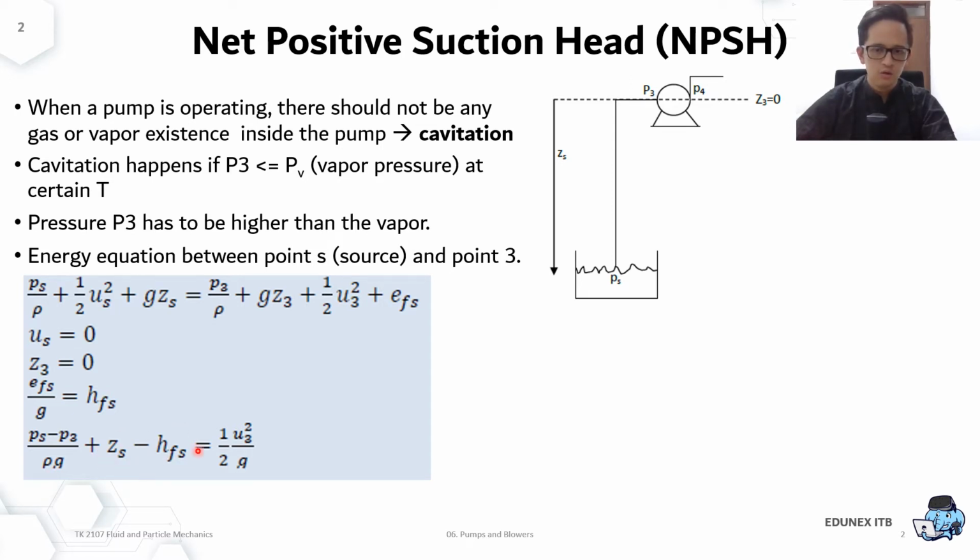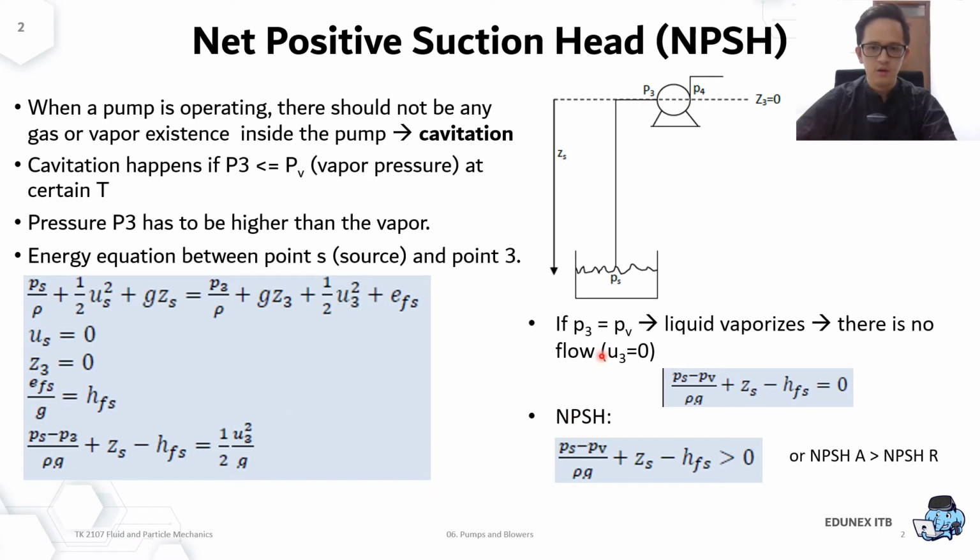So it only talks about the friction loss between source to suction point of the pump. So we're not talking about the friction loss between the discharge to the destination point. Again, only between the source to the suction point of the pump. And if P3 is identical with vapor pressure, that's when liquid starts to vaporize.